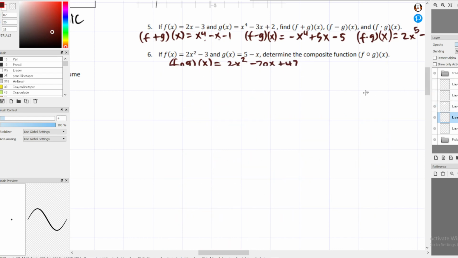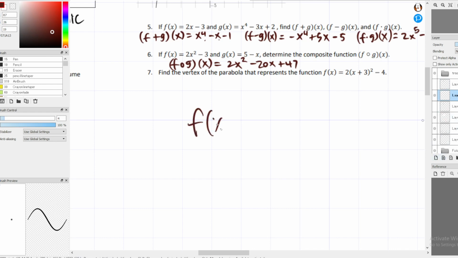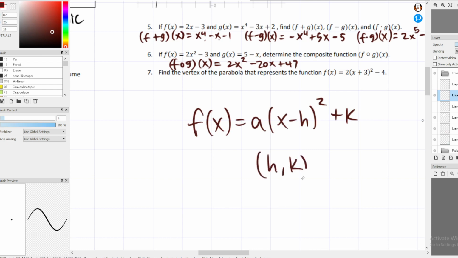Next is number 7, and it's asking us to find the vertex of the parabola that represents the function f of x equals 2 times x plus 3 squared minus 4. So when we are dealing with vertex, our vertex form is a times x minus h squared plus k, and the vertex is h comma k.